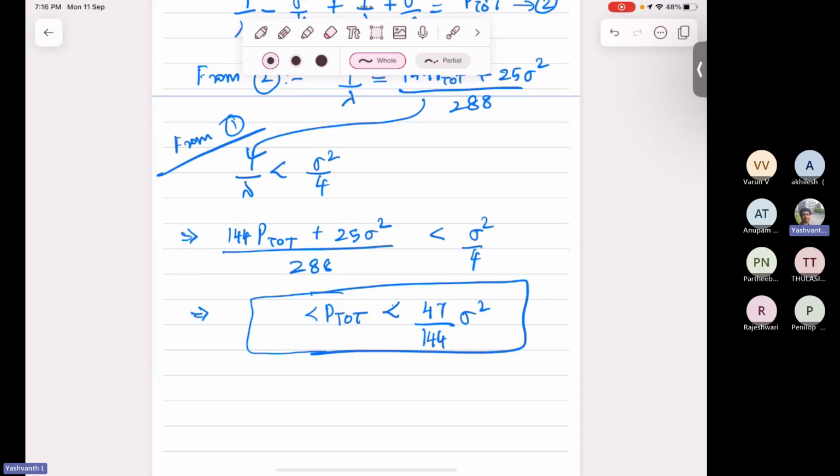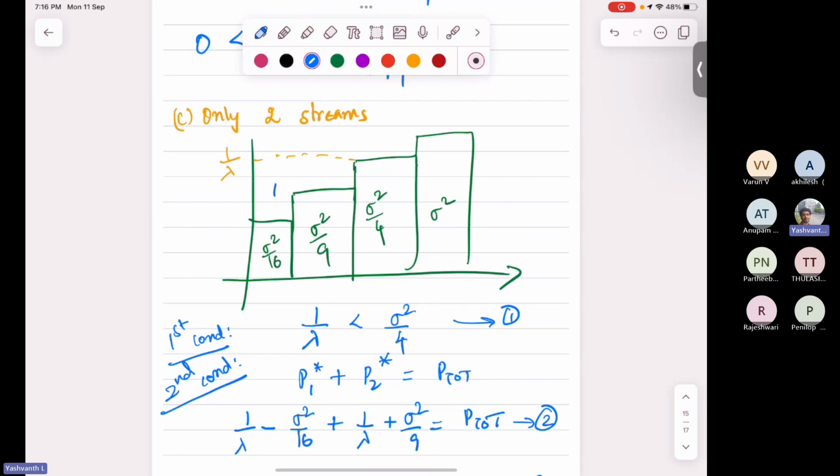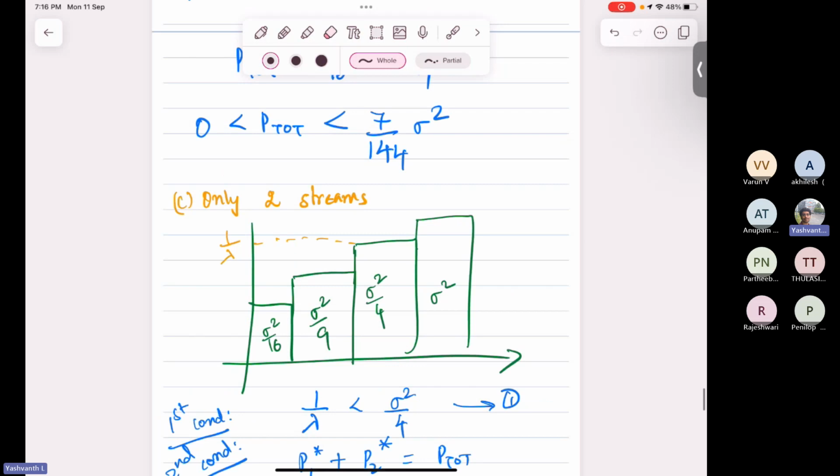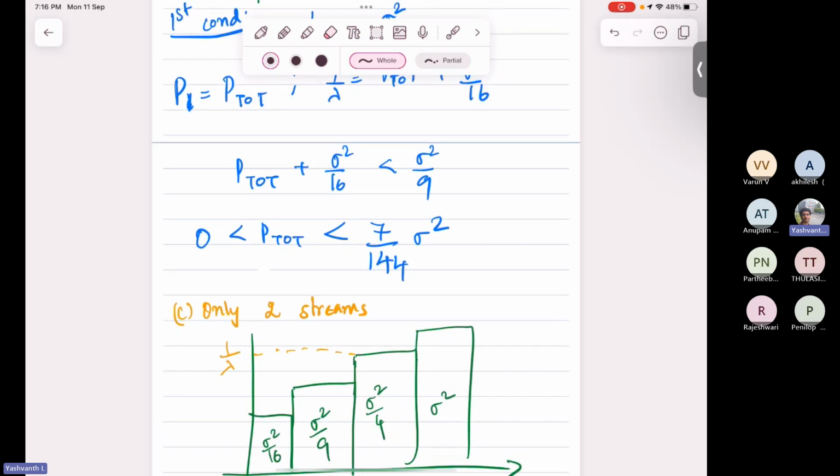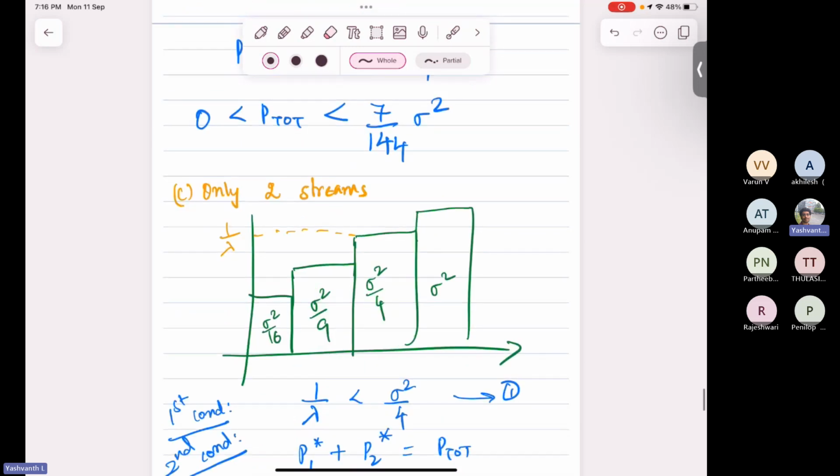The thing is, I cannot put 0 here, because if I reduce my total power so much, then only one stream will start to fill. The second will not fill at all. So go back to the first question. As long as P tot is less than 7 by 144 sigma square, I will have only the first substream filled. So I should have at least 7 by 144 sigma square as the P tot, so that I will even move to the second stream water filling.